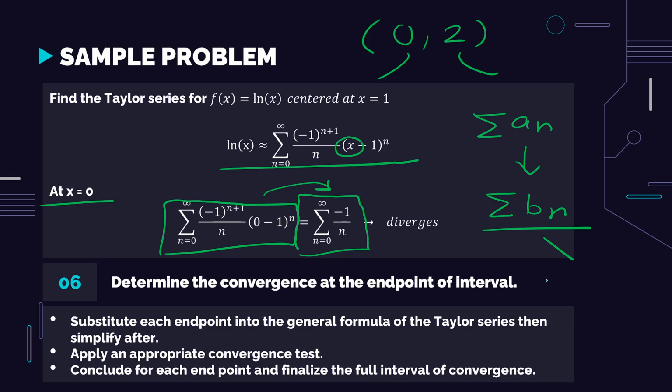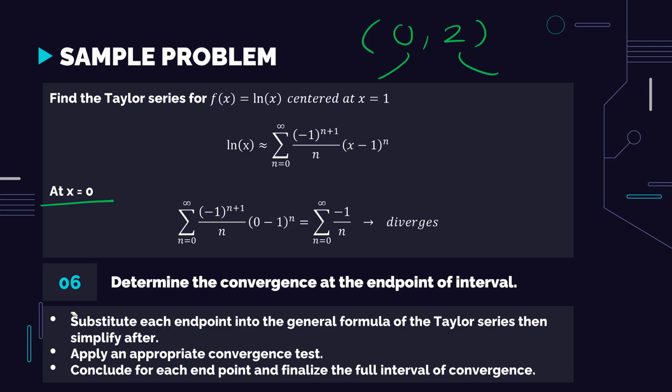And if b sub n converges, so does a sub n. Since in our given here we arrive at our b sub n, from this we evaluate using other tests.